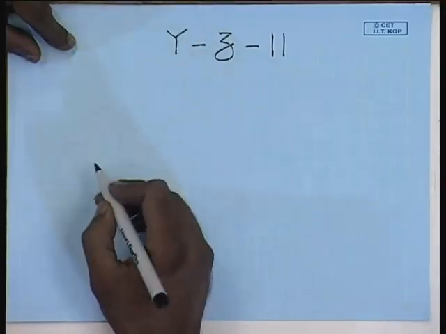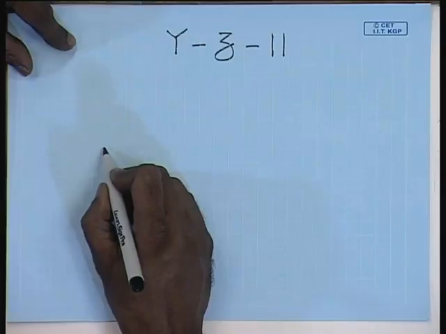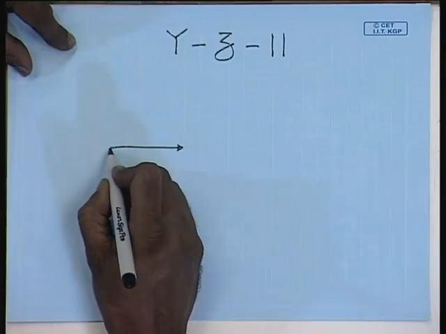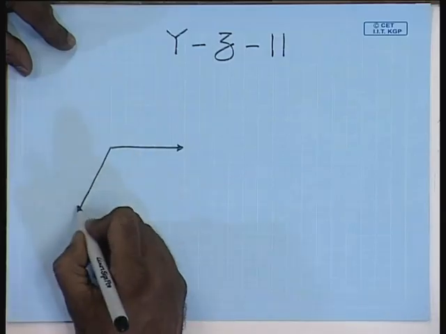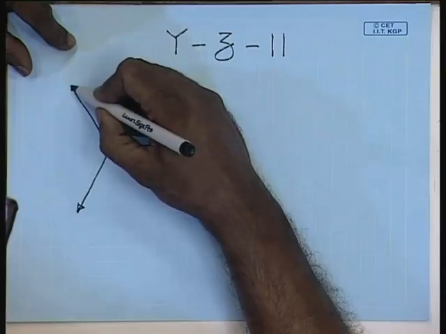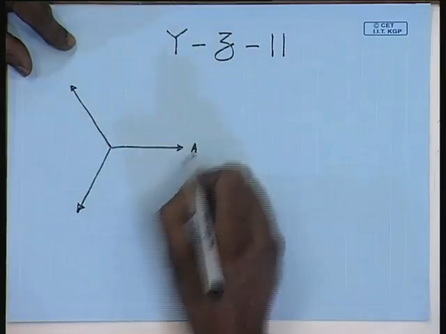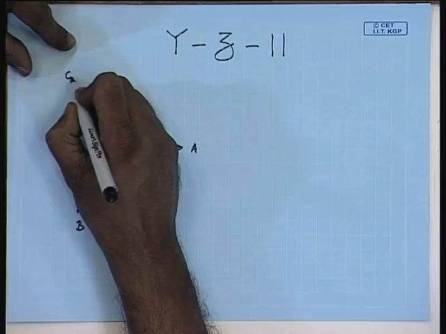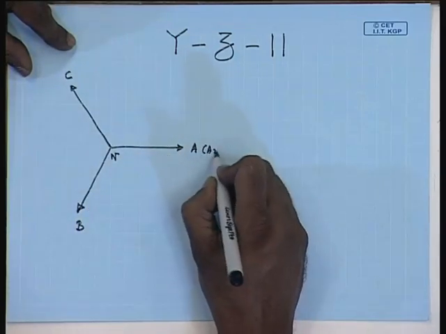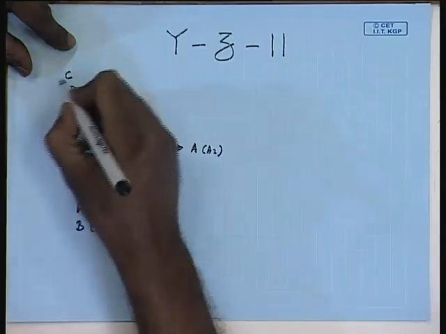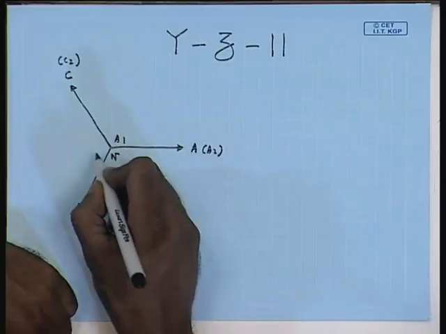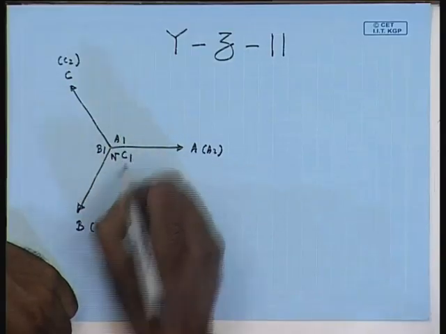Here again the high voltage side is star connected, hence the line to neutral voltage phasor is same as the winding voltage phasors. This is line A, this is line B, this is line C. This is the neutral point, this is also terminal A2, this is terminal B2, this is terminal C2, and this is terminal A1, this is terminal B1 and C1.